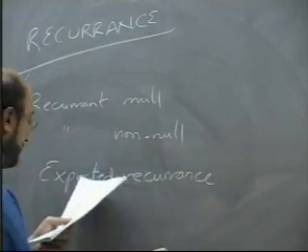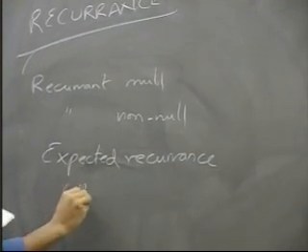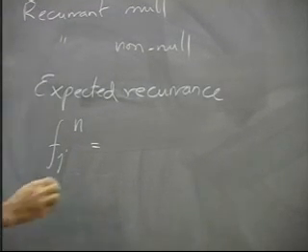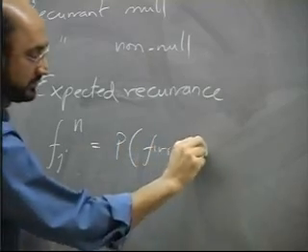Let's use the following notation. f_j^n means the probability that the first return to state j is after n steps.